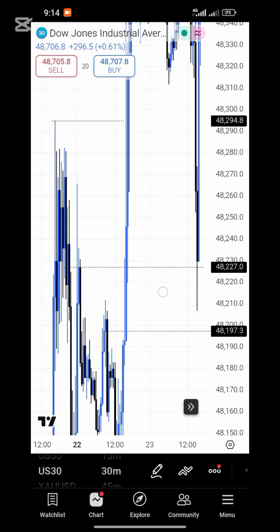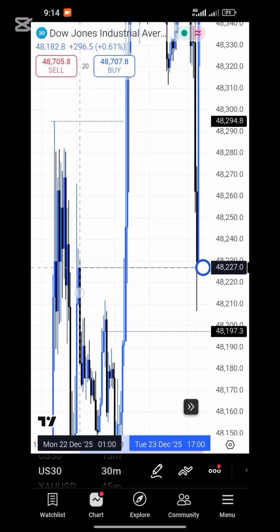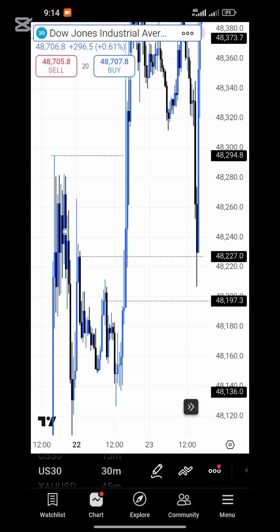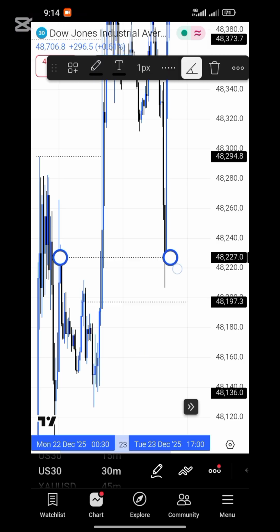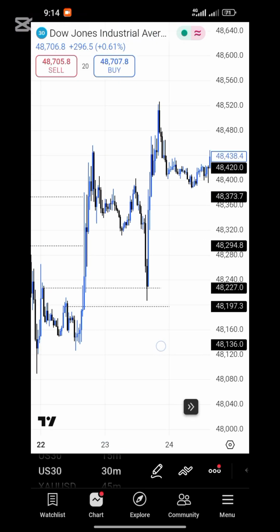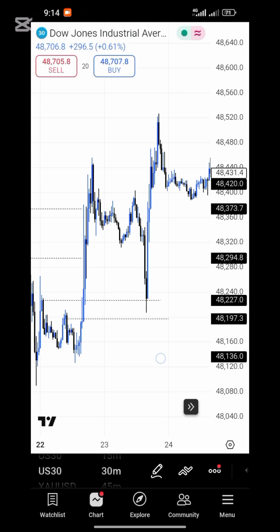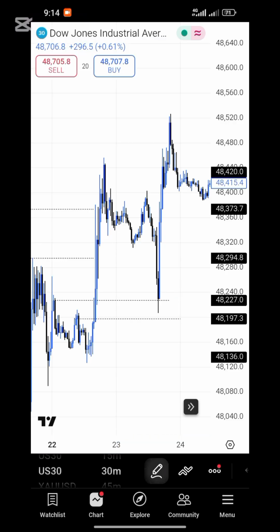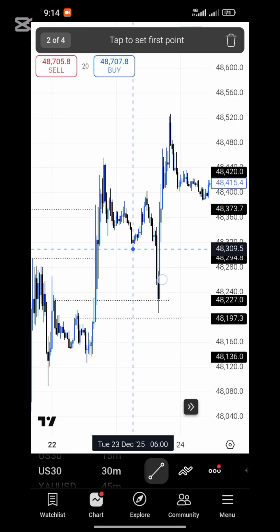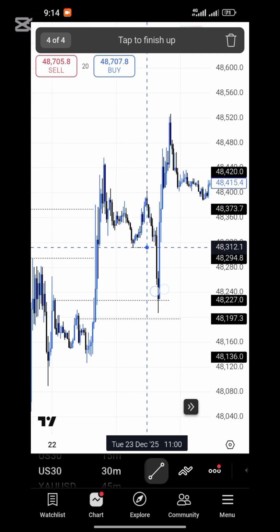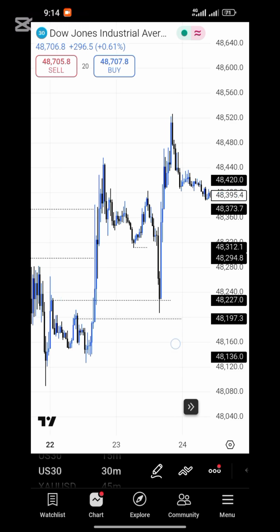I marked out this resistance. This is a resistance turned to support, and this RBS zone I marked out. And this was my liquidity, the low of 6 a.m. this morning.